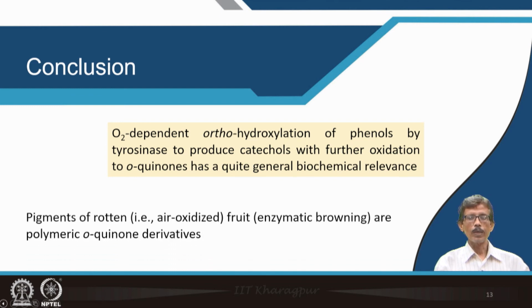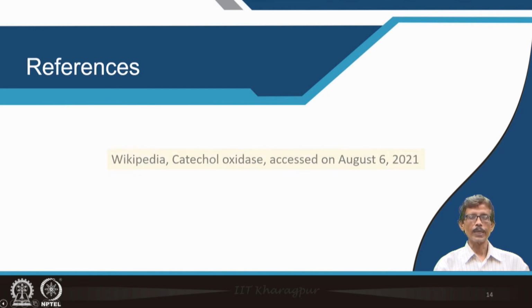Then not only melanin, but the pigments for rotten fruits due to enzymatic browning, we know the yellow, then browning, and then finally the rotten thing. What we are producing basically, due to the oxidation, is more and more ortho-quinone molecules.